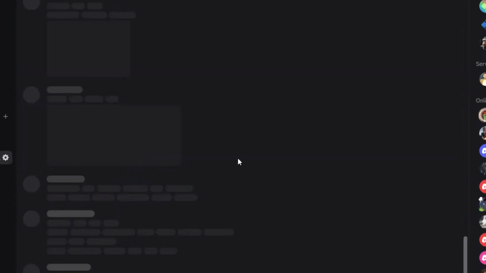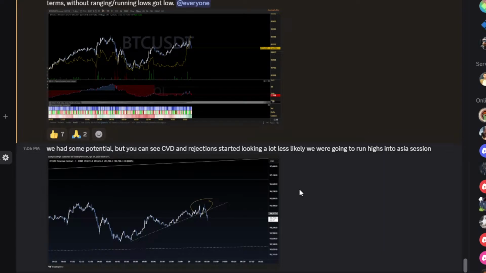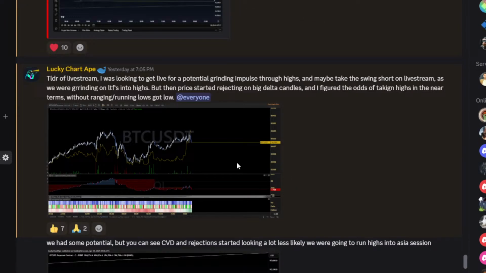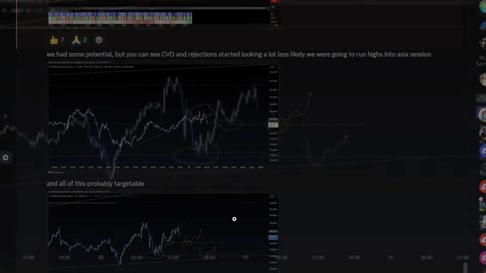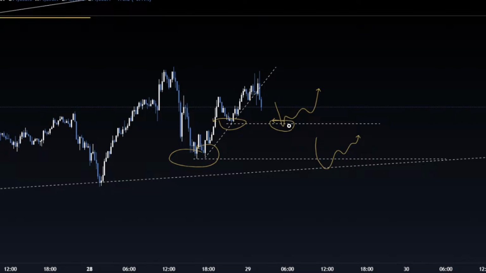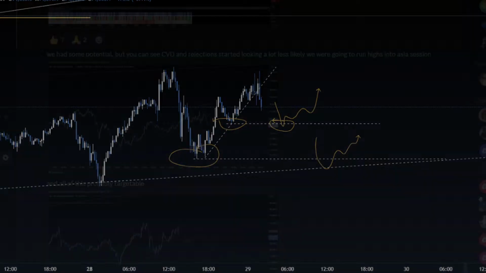Yesterday I did a members live stream, and the TLDR of the live stream was potentially looking for an impulse to the highs, but we started breaking down low time frame stuff, and I thought all this was targetable here. I said on the live stream that I'm going to plan on scalping this, and I did TP on this a little early probably.